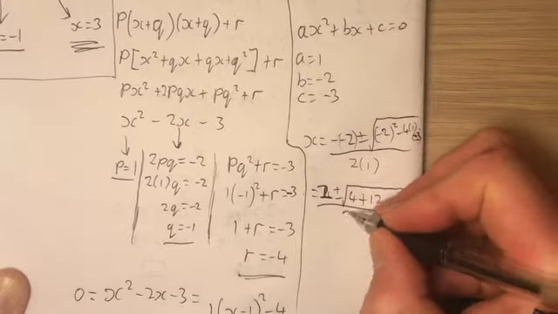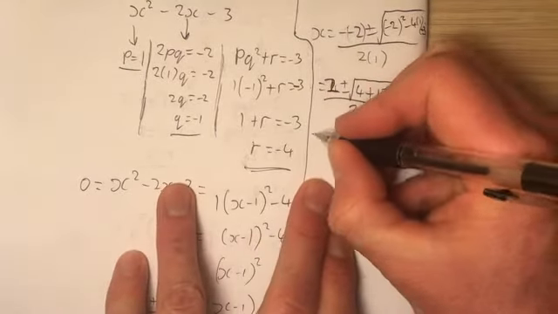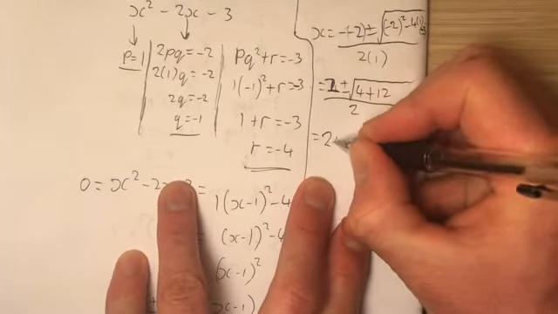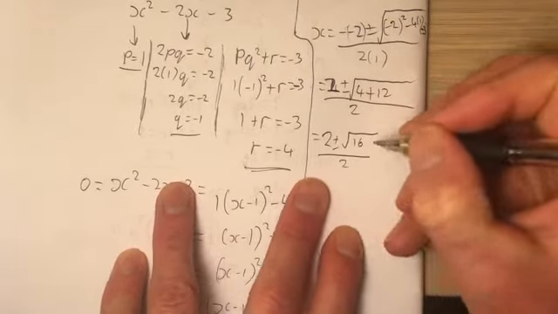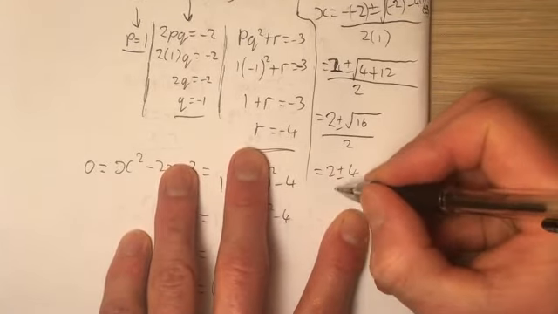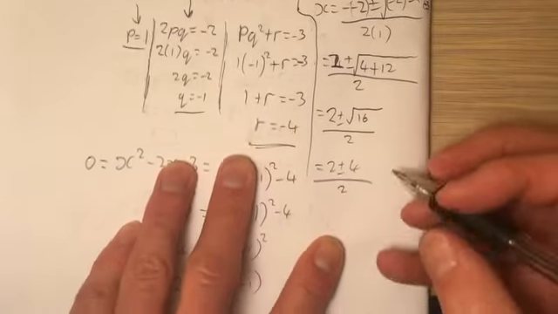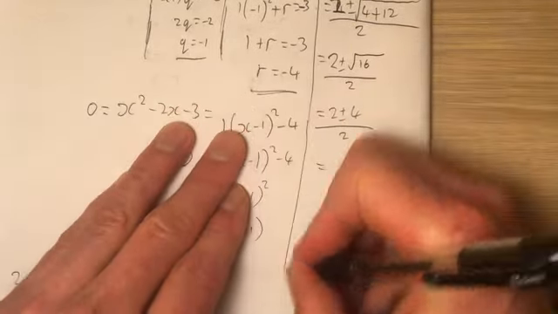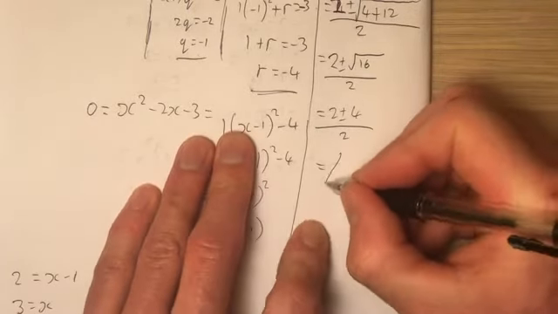Divided by 2. And I can simplify this a bit more, work it through. So let's just keep it like this. 2 plus or minus the square root of 16 divided by 2, which is 2 plus or minus 4 divided by 2, square root of 16 being 4, which is, well, it gives you two different options, okay?